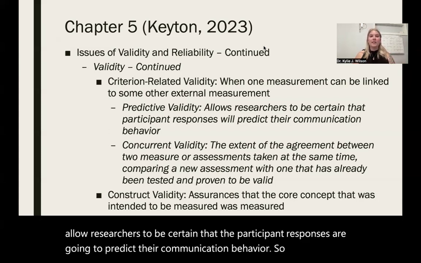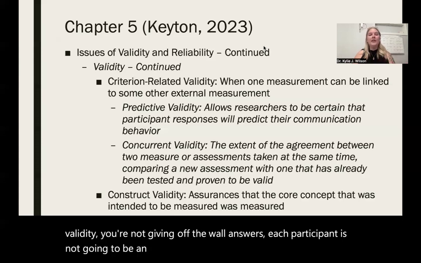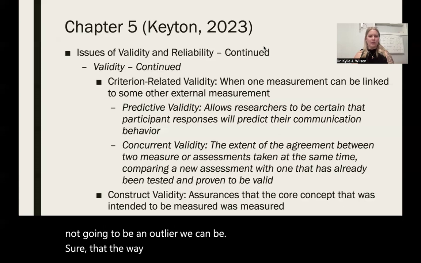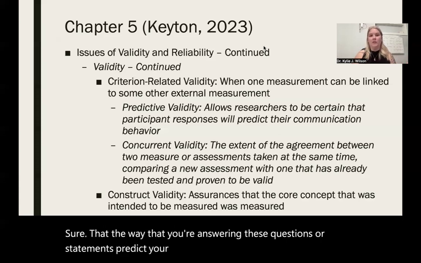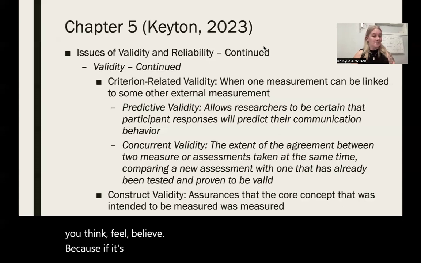So with predictive validity, you're not giving off the wall answers. Each participant is not going to be an outlier. We can be sure that the way that you're answering these questions or statements predicts your actual communication behavior. It's what you think, feel, believe. Because if it's not, the data just doesn't line up and you become an outlier.